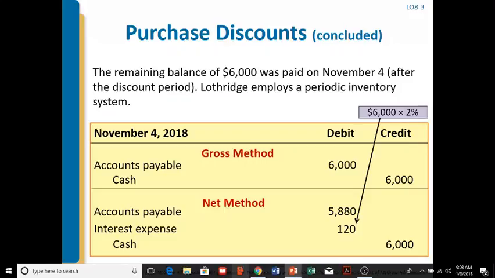But with the net method, if you don't pay within the discount date, since you netted the amount owed, but you're going to have to pay the invoice amount remaining, in this case of $6,000, you've got to record the difference as interest expense.